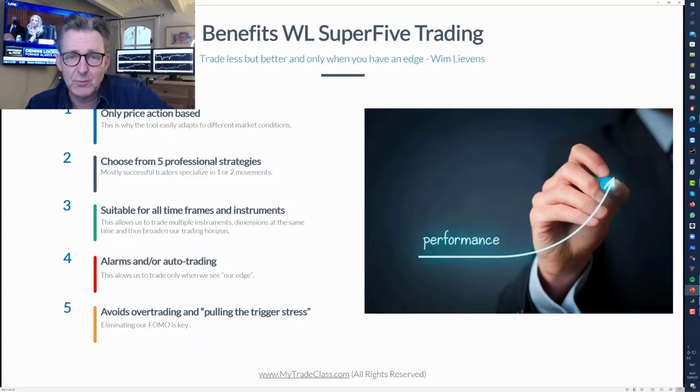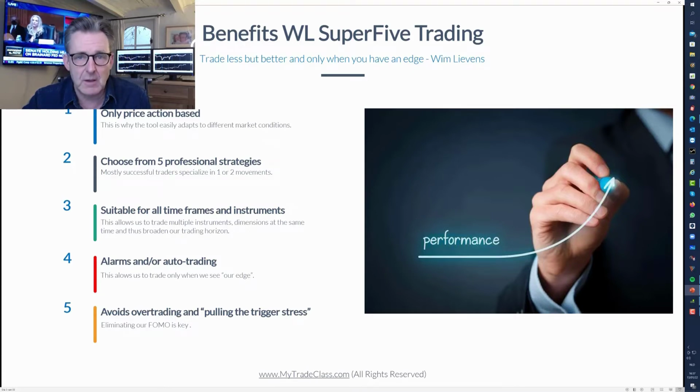So this tool is based on price movement. I coded 5 different strategies into the tool. You can use those on all instruments which are, I would say, liquid enough to trade, on all time frames, even on movement or range bars or whatever bars you might be using. So it's a universal product.